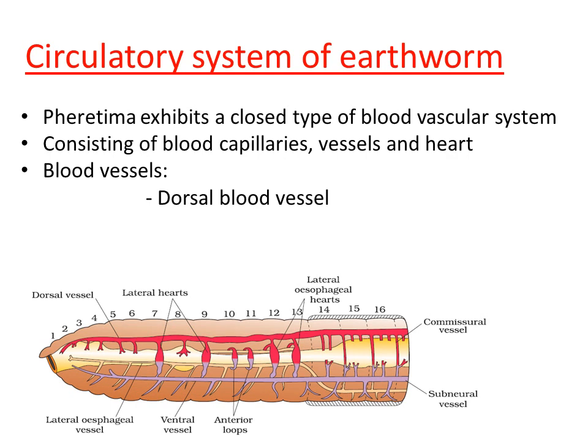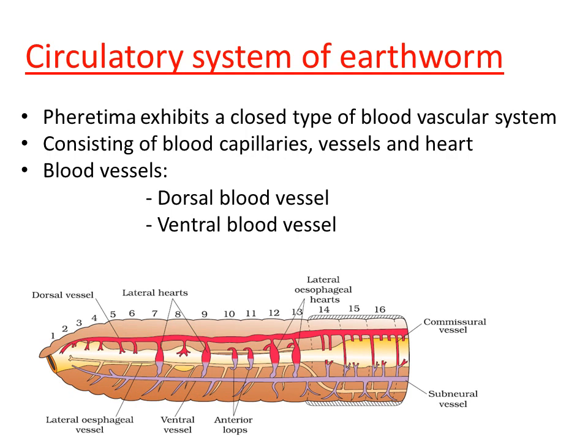Clear? And the other one is the ventral blood vessel. The ventral blood vessel is present just above the ventral wall of the earthworm. The purple colored one you are observing in the diagram is the ventral blood vessel. Because it is located on the ventral region of the earthworm, it is called the ventral blood vessel.